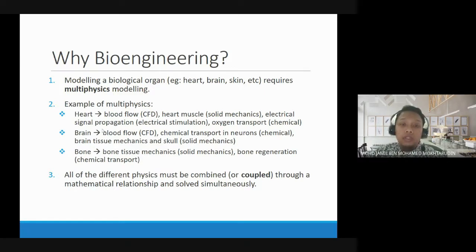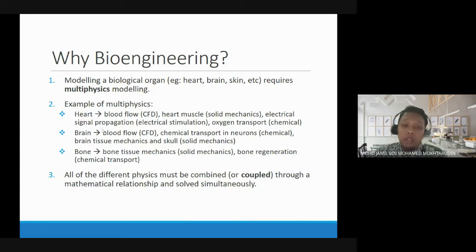It requires a combination of various physics. For example, in our heart, we have CFD to represent blood flow. We have heart muscle, which can be modeled by solid mechanics. And sometimes we can study the electrical signal propagation and oxygen transport, which requires the chemical transport equation. Same for our brain, we have blood flow, chemical transport, and also tissue mechanics.